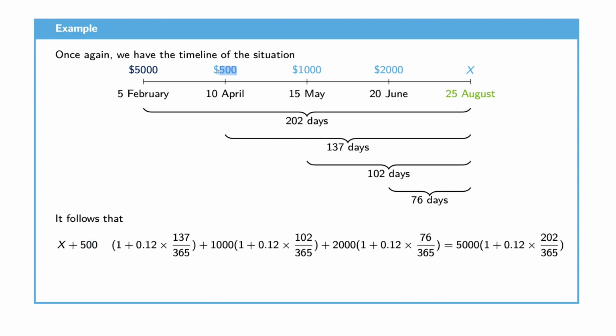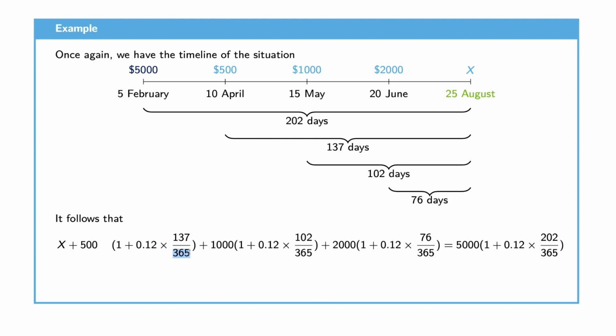Our 500 is occurring sometime in the past. We need to accumulate this by 137 days because it's 137 days into the past. Divide that by 365. Now, you might be saying, hold on a second, I thought this was a leap year. We need to divide that by 366.